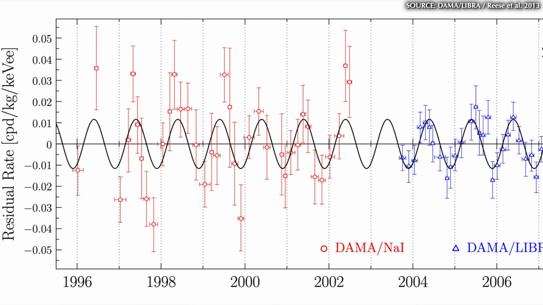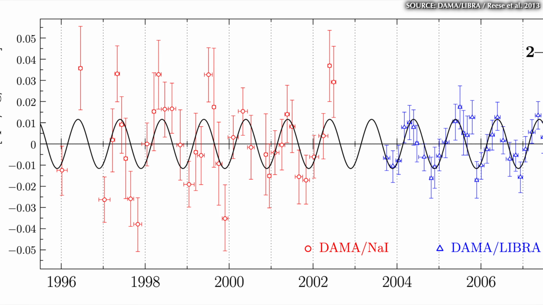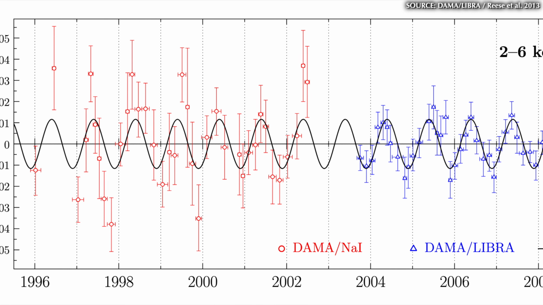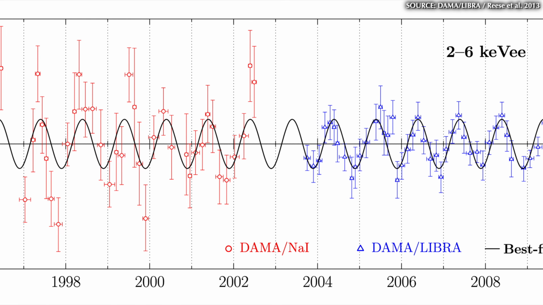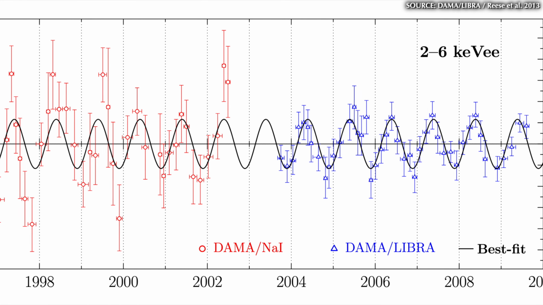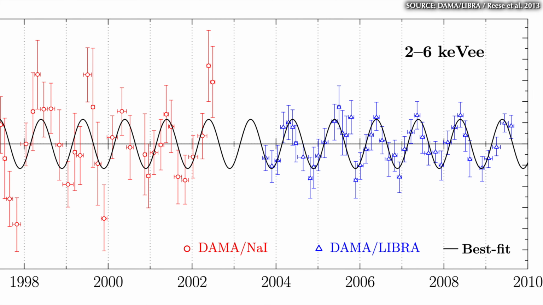And that is exactly what they got, a periodic signal repeating each year. While this is a very interesting result, it is still being discussed if there isn't a natural effect on Earth to account for it. Because up to date, no other experiment could replicate these results.